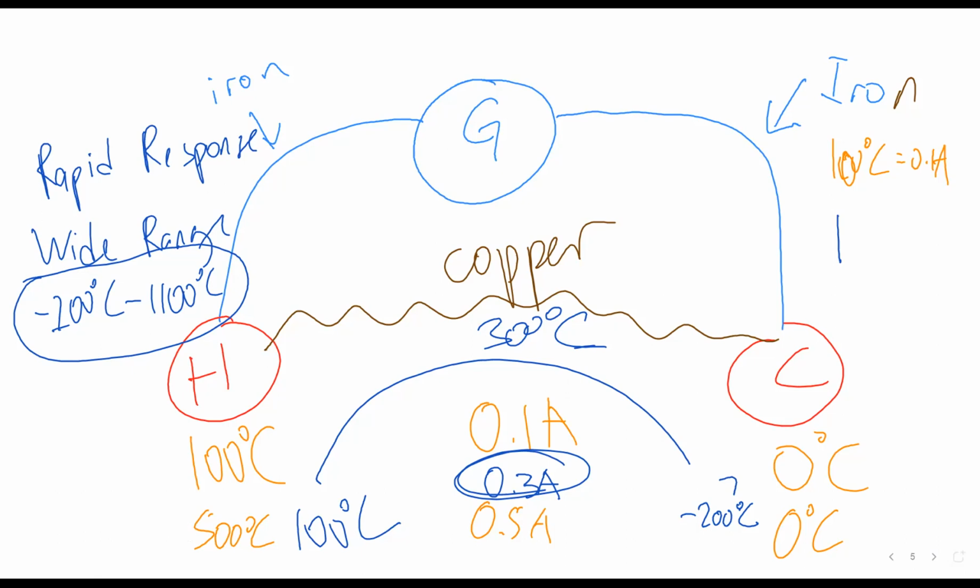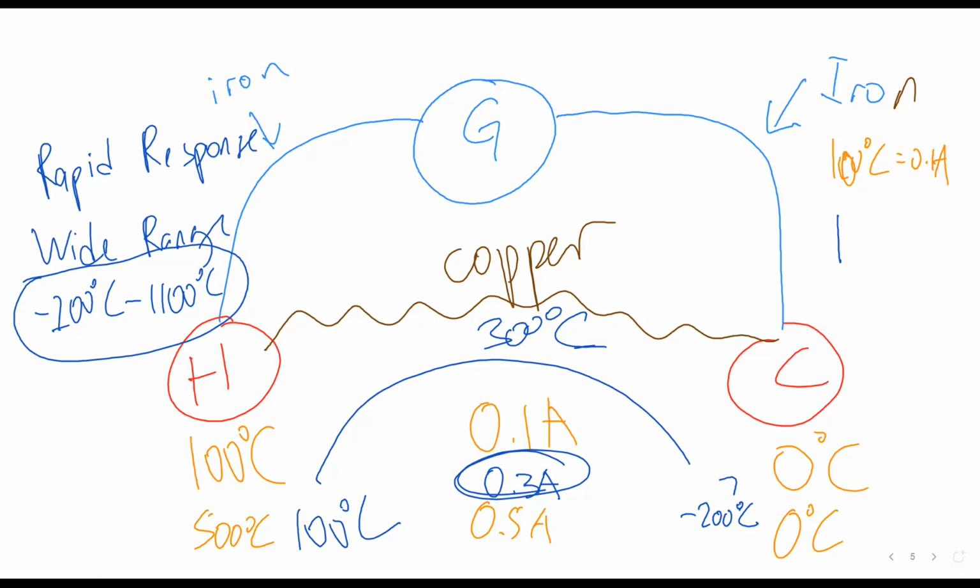A coulomb is equal to the amount of charge from a current. One coulomb is equal to the charge of about 6 times 10 to the 18 protons.